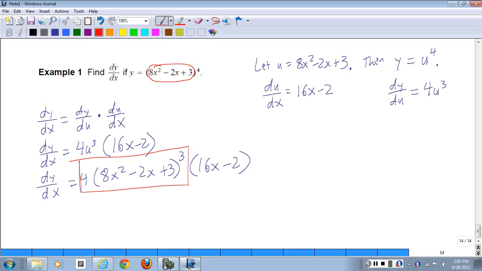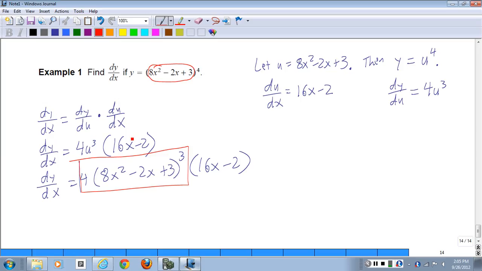Because you take the derivative kind of like you would expect to. The derivative is of something raised to a power. You take that power, bring it out front, reduce the exponent by 1. But the chain rule says multiply by the derivative of what's inside the parentheses. Basically, multiply by du/dx, the derivative of the inside function. And when we do that, we'll have it.